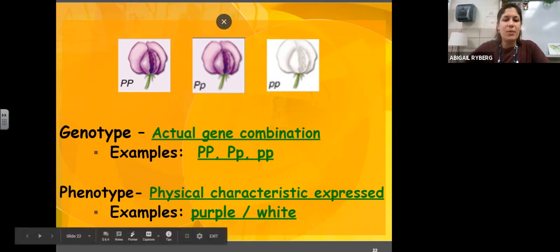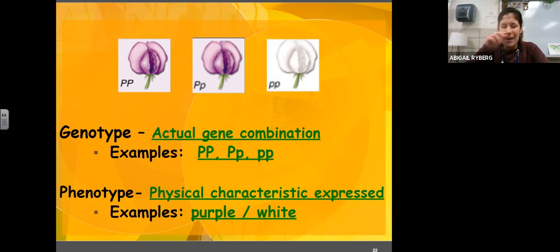If you look at the pictures up here, here's an example of a big P, big P flower, a big P, little p flower, and then a little p, little p. So the genotypes are those alleles I just said. The phenotype, though, would be describing the physical characteristics. In this case, big P, big P is purple. Big P, little p would be purple. And then little p, little p is white. So the phenotype here is either purple or white flowers.